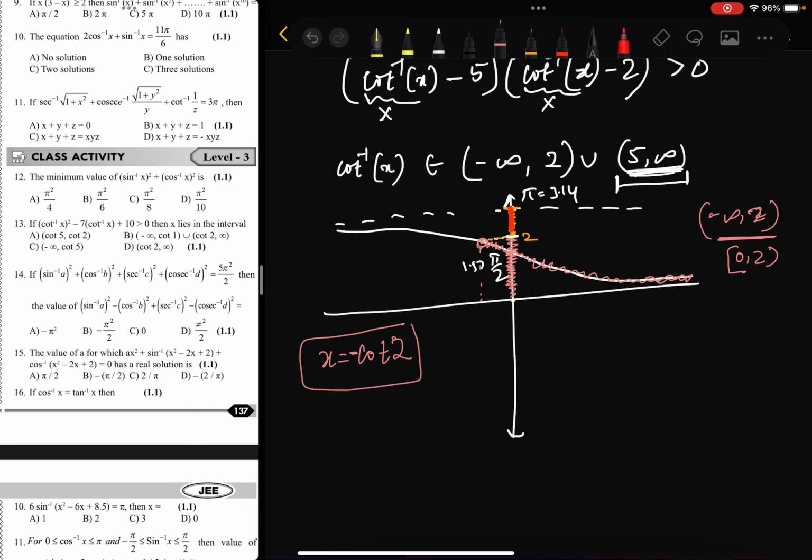So x will lie between minus cot 2 and 0, with 0 included.